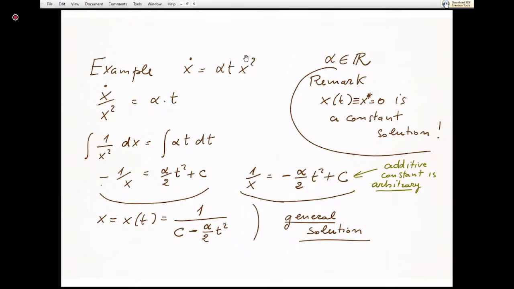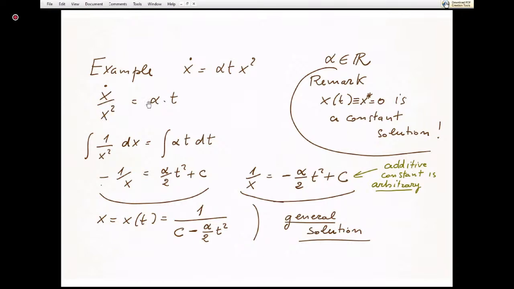When x is constant at the level 0, on the right-hand side I have 0. On the left, since this is a constant function, it has a 0 time derivative. So the constant solution x equal to 0 is a particular solution to our equation. This is already among the solutions. Get rid of this and divide by x squared.